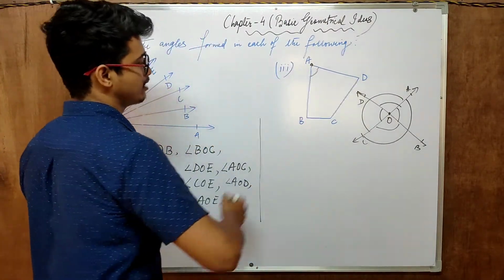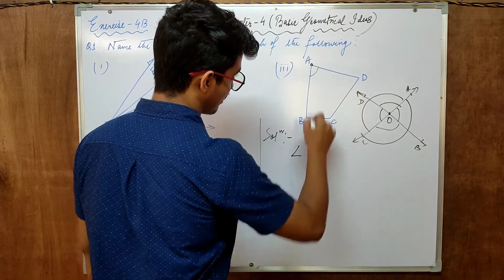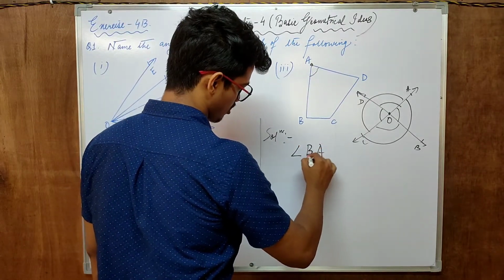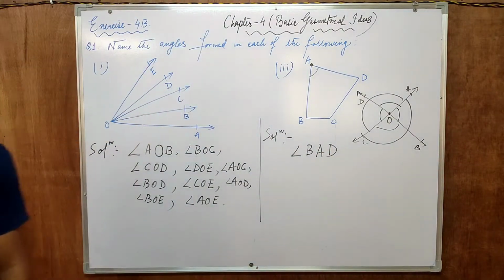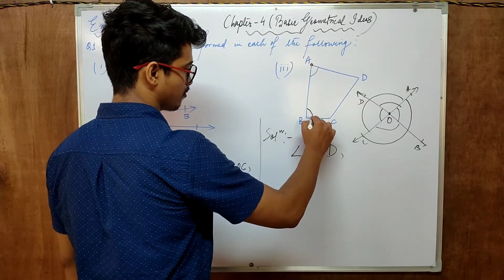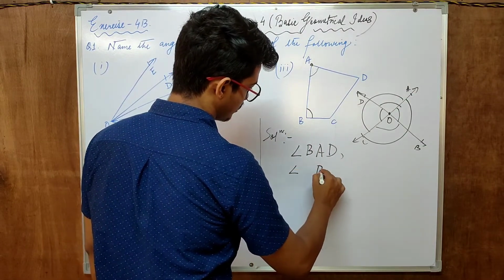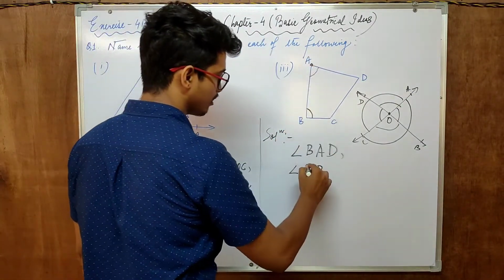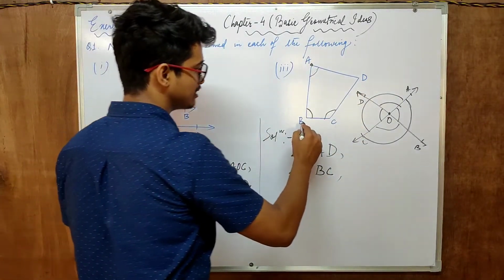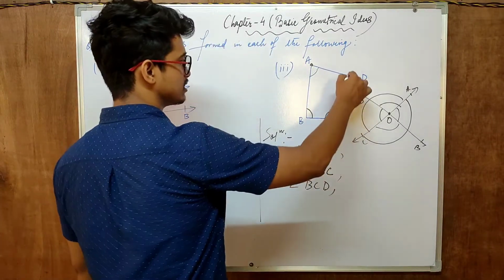So what will the angle be? I'm just making one line. Angle A will be in the middle and the arm points will be either on the left or on the right. Angle BAD, that is the first angle. After that, this is another gap which is being created because of AB and BC. So here B will be in the middle, and A and C. After that, this is another angle being formed, angle BCD, and last but not the least this one.